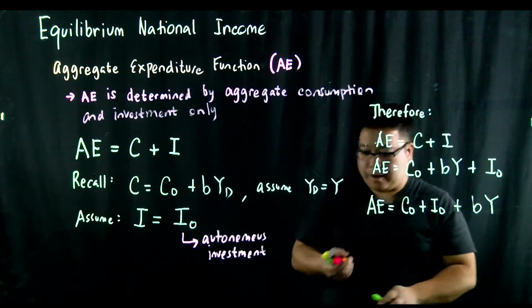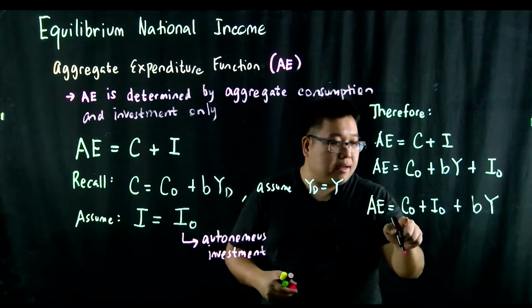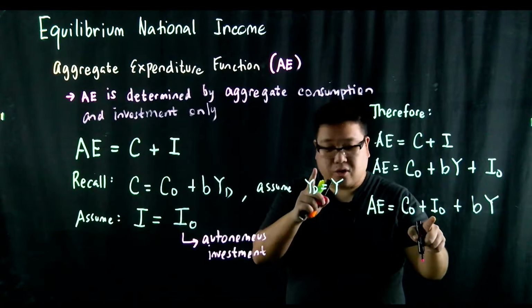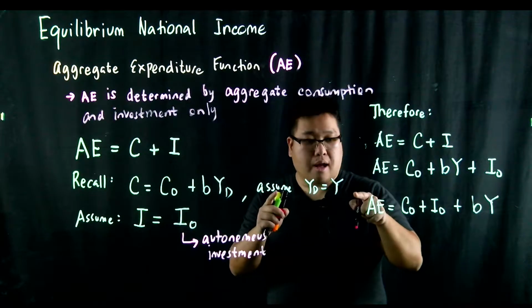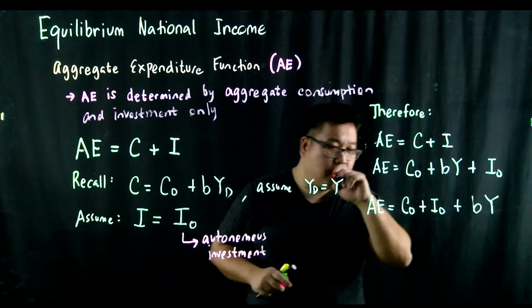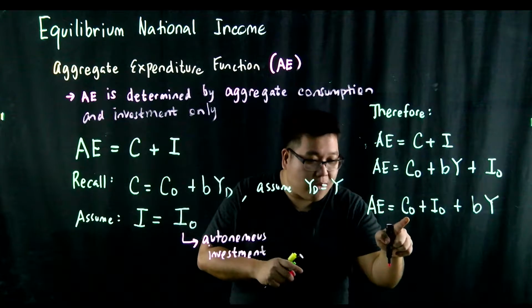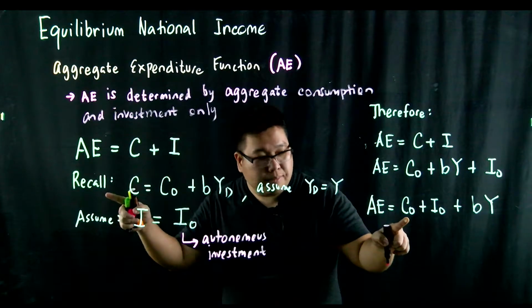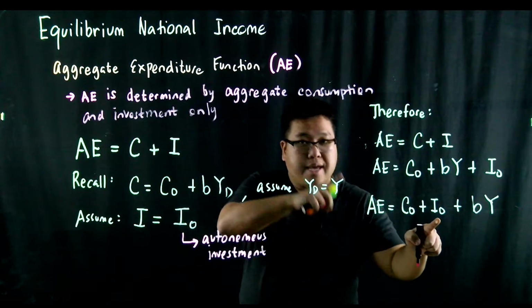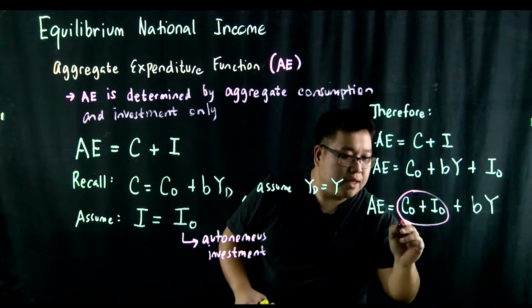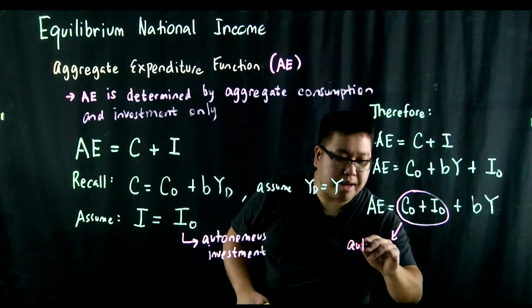Here's something I want to tell you. This sum of C sub 0 and I sub 0 is called autonomous aggregate expenditures, or autonomous expenditures. Remember, C sub 0 is autonomous consumption. I sub 0 is autonomous investment. The sum of these two is what we call autonomous expenditures.